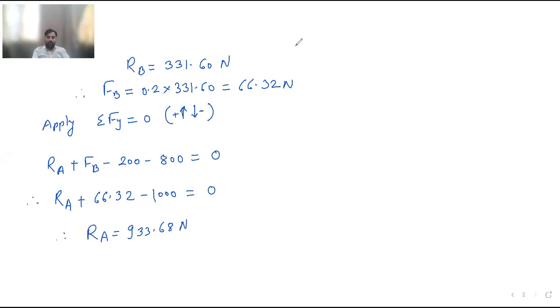Now we don't know the value of mu A. We need to calculate that value. So what we will do? We will apply summation Fx equal to 0, towards right plus, towards left minus.